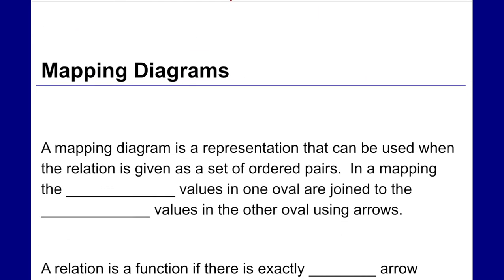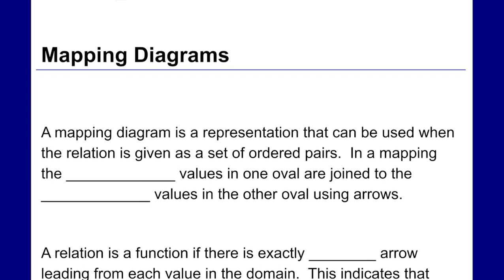The next thing we're going to look at is mapping diagrams. Right? And mapping diagrams is a representation that can be used when the relation is given as a set of ordered pairs. So in a mapping diagram, the independent values in one oval are joined to the dependent values in the other oval using arrows.